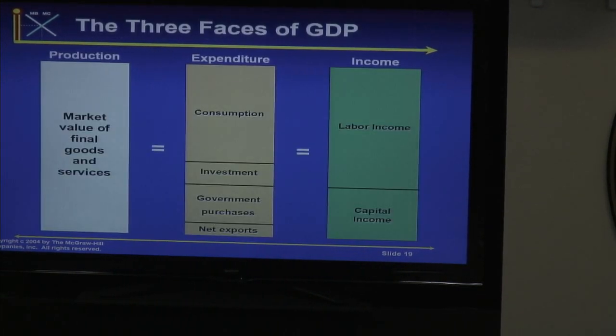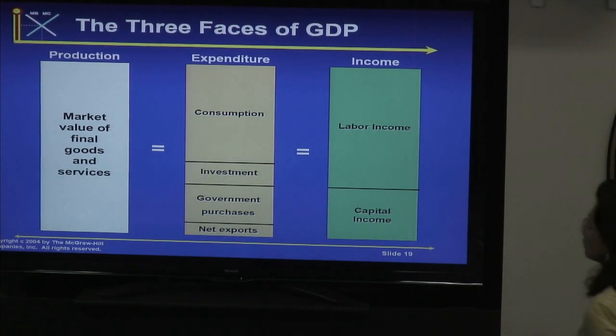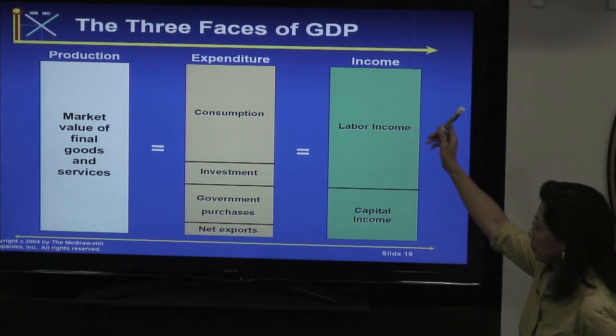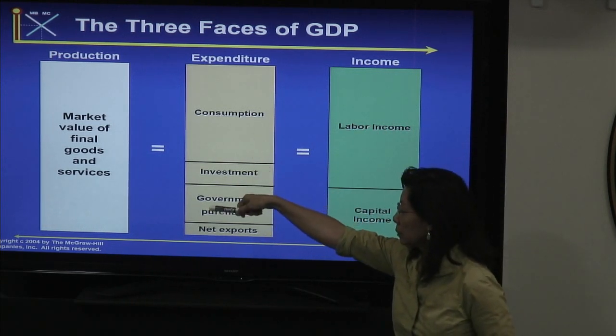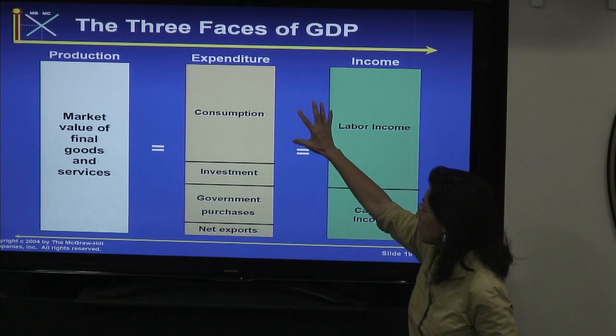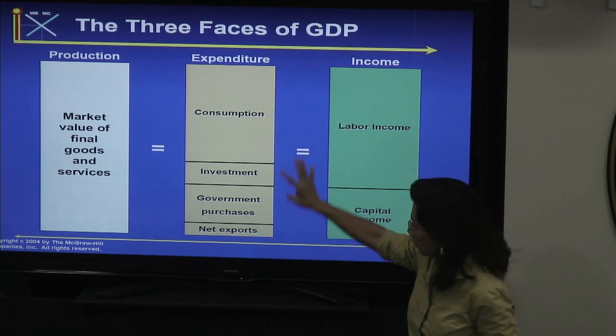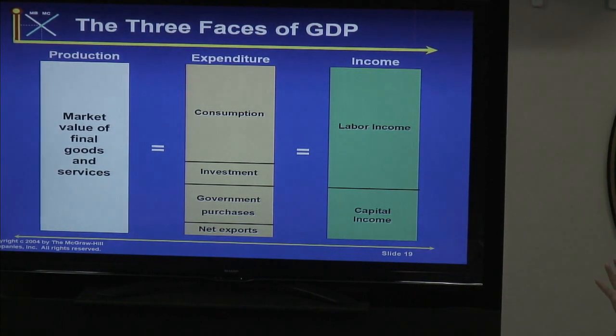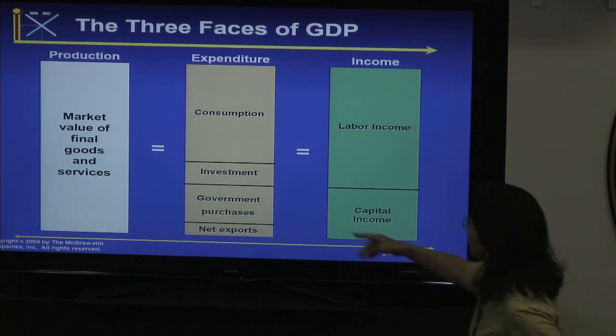Okay, so let's take a look at this. This is a comparison of the three methods, except for the value added. In the production method, you look at the final goods and services, not the intermediate goods. Expenditure method, C plus I plus G plus NX. You could see that consumption contributes the majority of it, more than 50%.